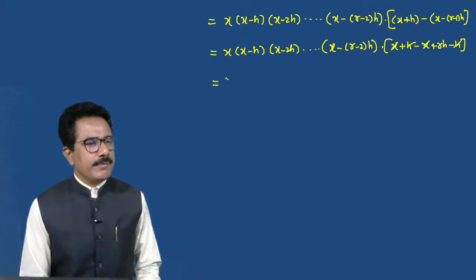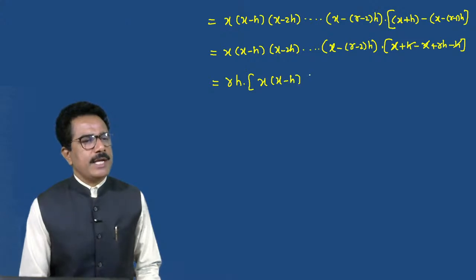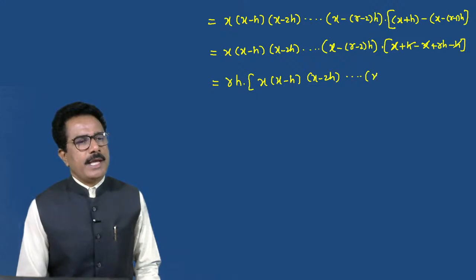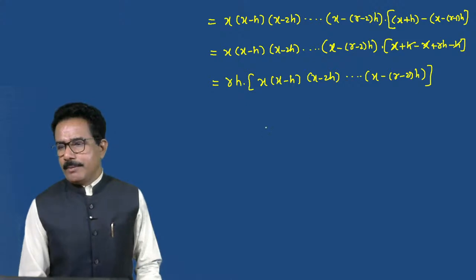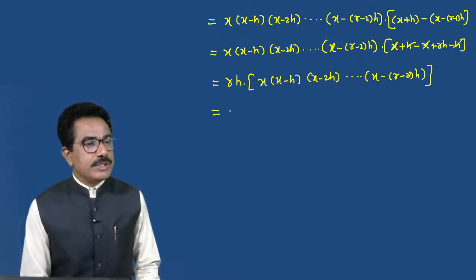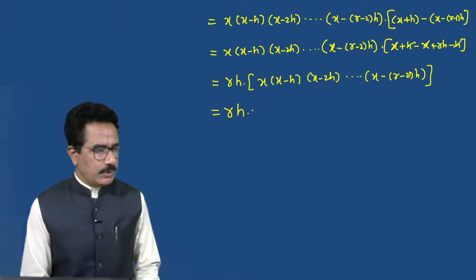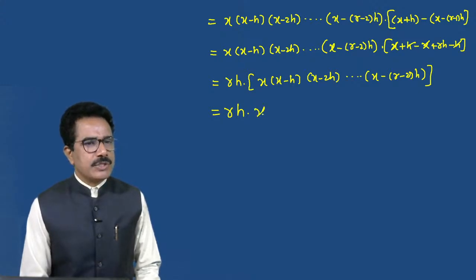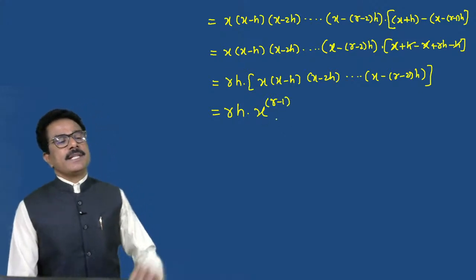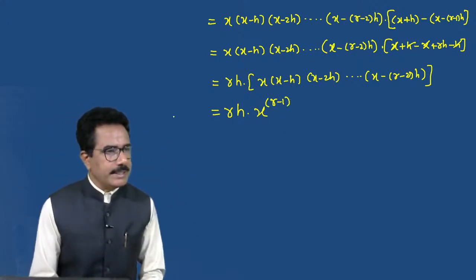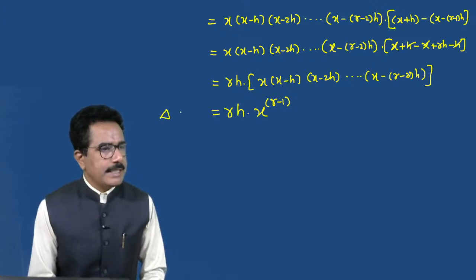So this is rh into x, x minus h, x minus 2h dot dot dot x minus (r minus 2) into h. Correct, very good. So this is denoted by rh into x raised to (r minus 1) factorial. This is delta of x raised to r factorial.